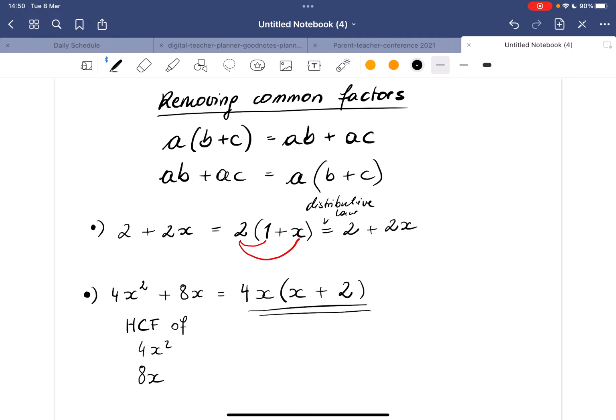So this is your answer. Here you're done. If you're again not sure, you can do the same thing as we did before, using the distributive law to expand the bracket again. So here you would get 4x times x gives you 4x squared. 4x times 2 gives you 8x.